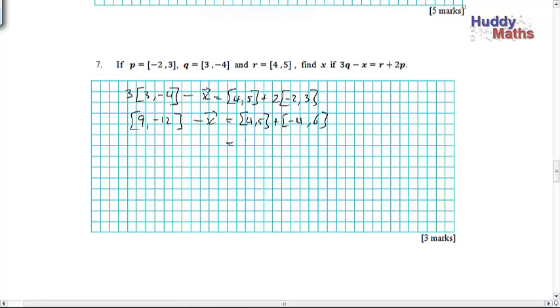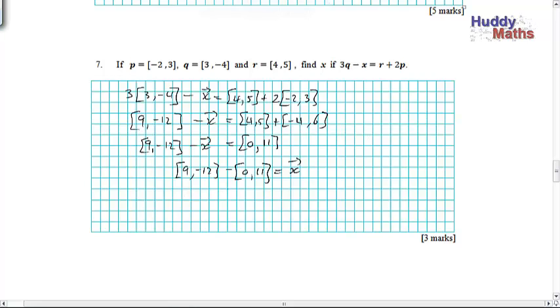So let's do this right-hand side. That comes to vector (0, 11). So vector (9, -12) take x equals that. So let's say that x is, putting it on the other side there, x is that vector take away (0, 11).